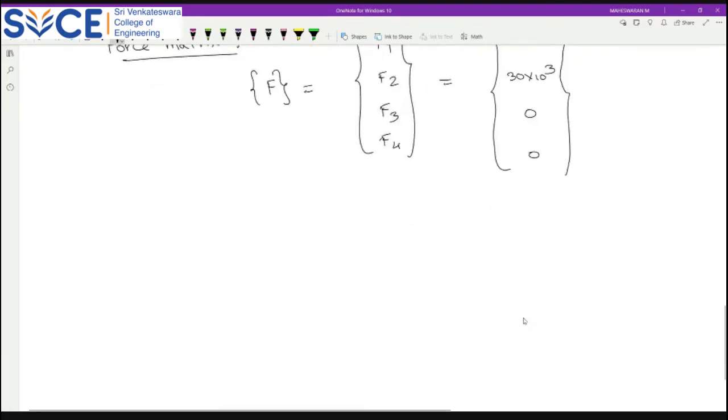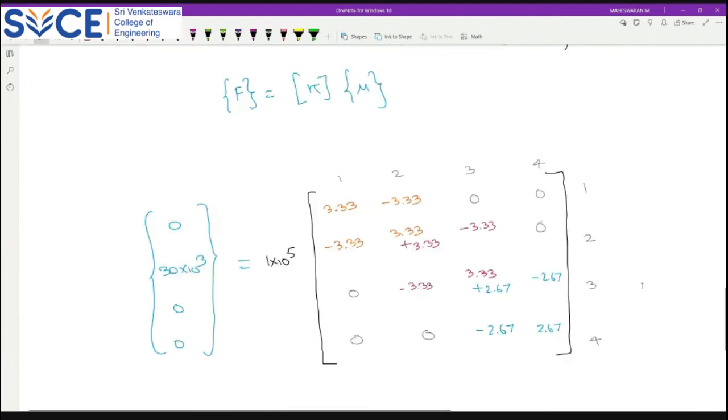Okay. Now the next step is I'm going to equate it. So F is equal to K into U. Right? What is my F? Into U1, U2, U3, U4.